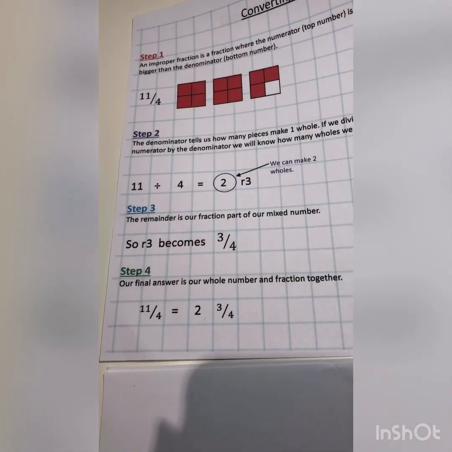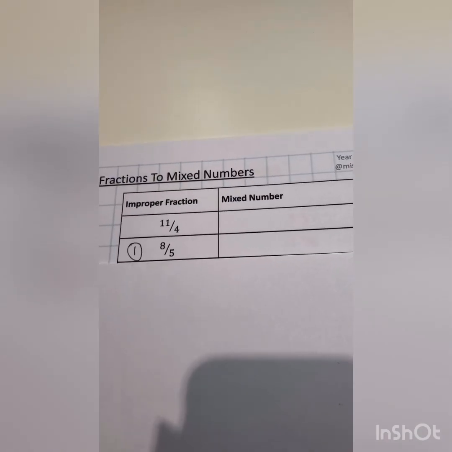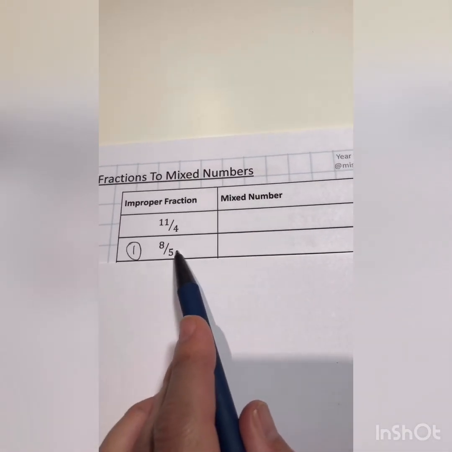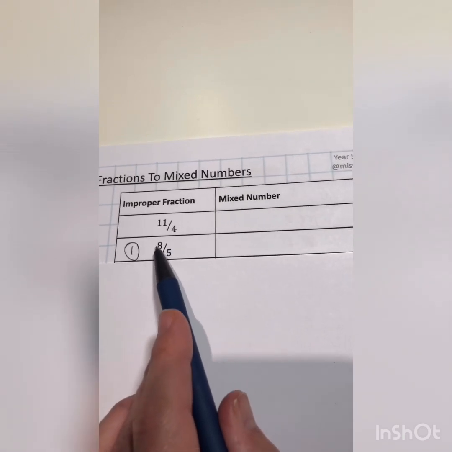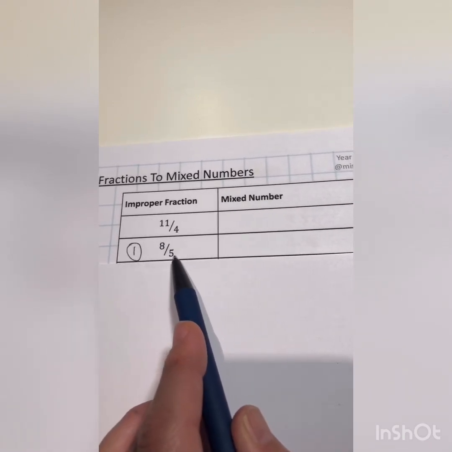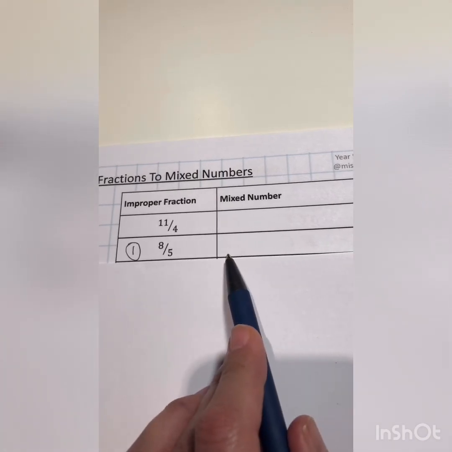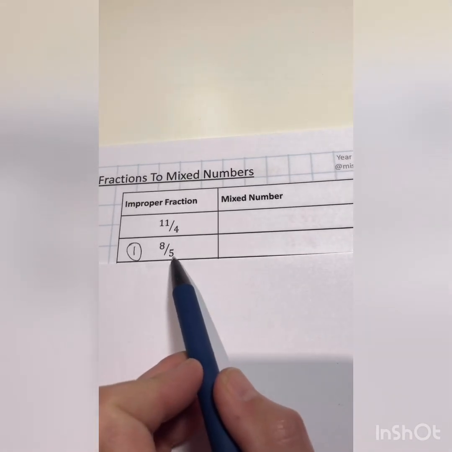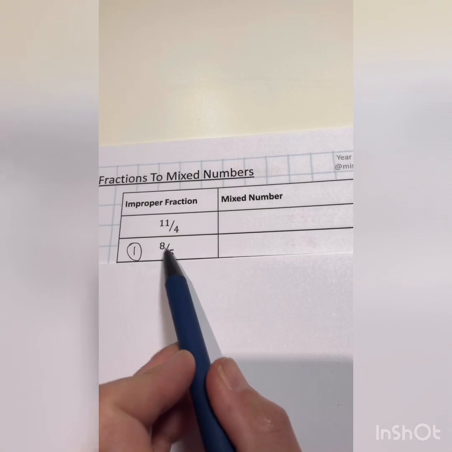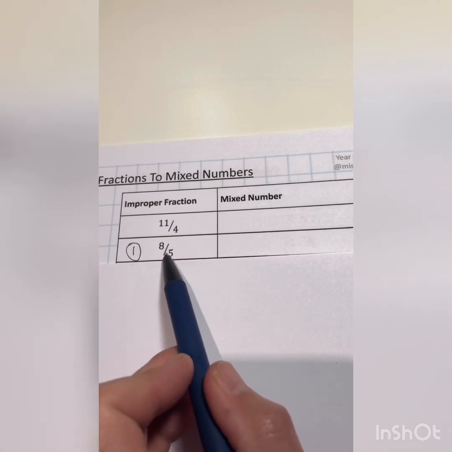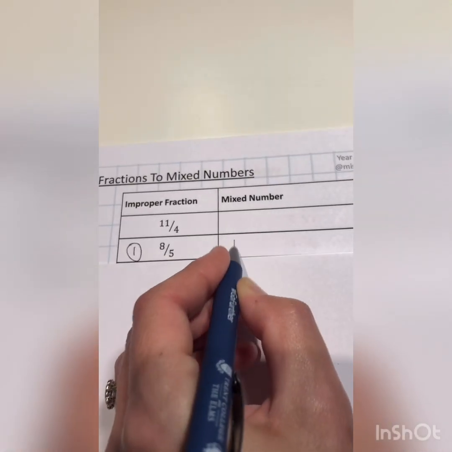So let's have a go at some of those. Let's have a go at this one. This is an improper fraction. Remember the number at the top is bigger than the number at the bottom, 8/5. And we're going to make that into a mixed number. Firstly, how many times does 5 fit into 8? Just once.